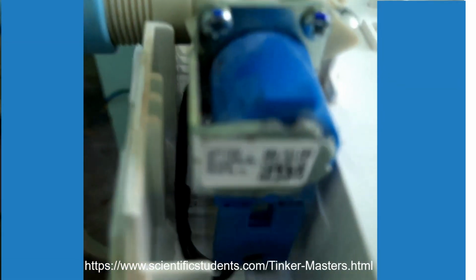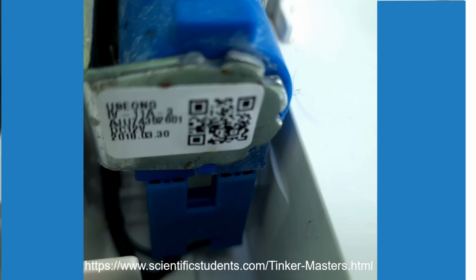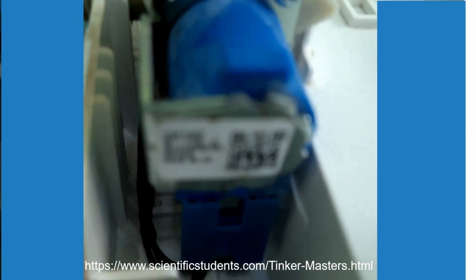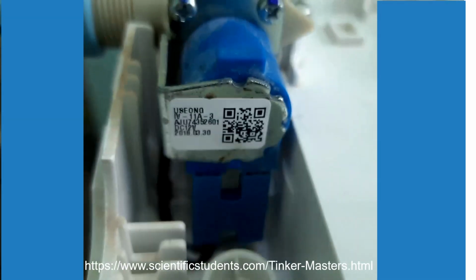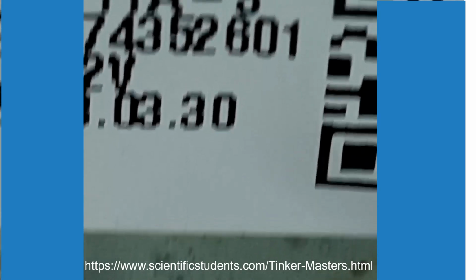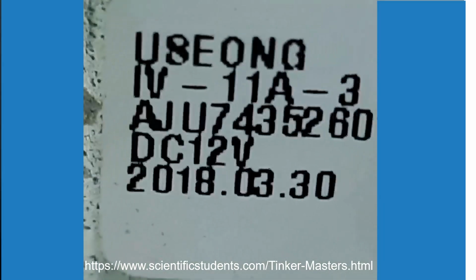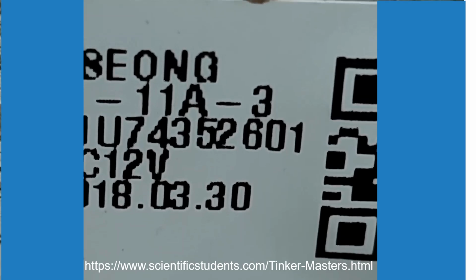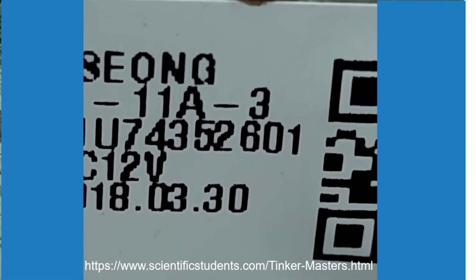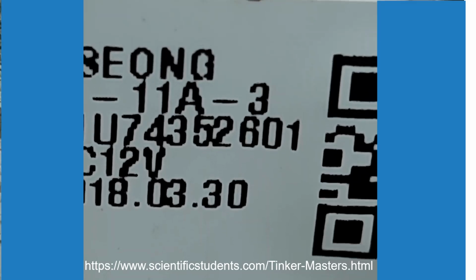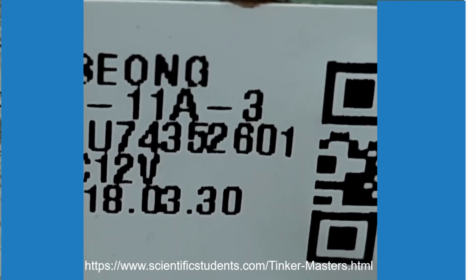What are the details on this coil? You can see GND ground, and you can read at what voltage it works. See, it is working on DC 12 volts. That means whenever the motherboard gives DC 12 volts, it will be electromagnetized and pull the lever.